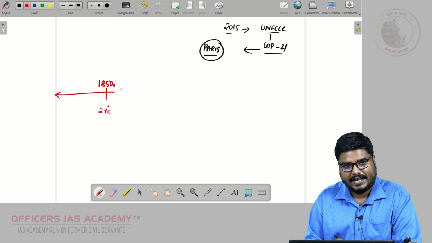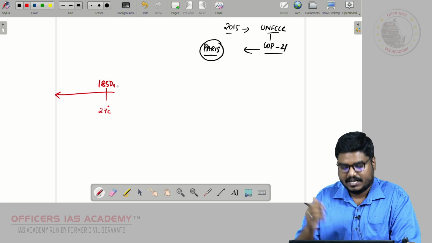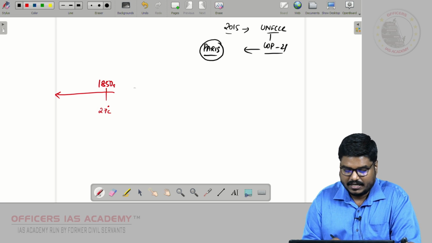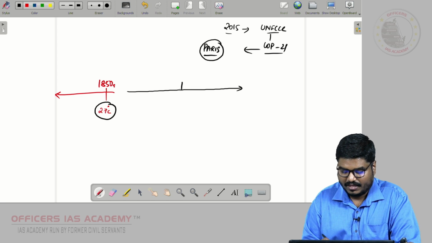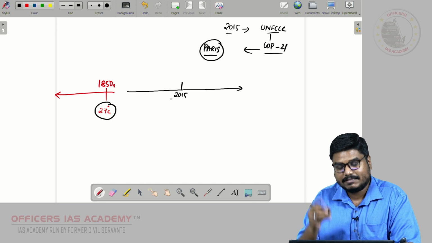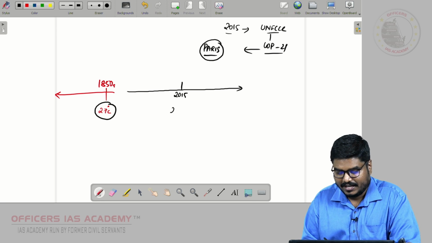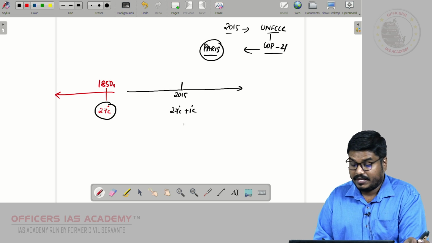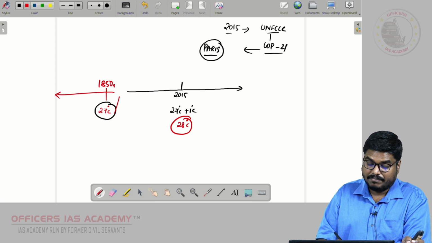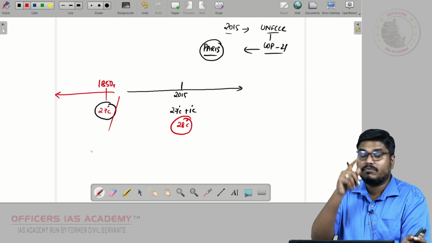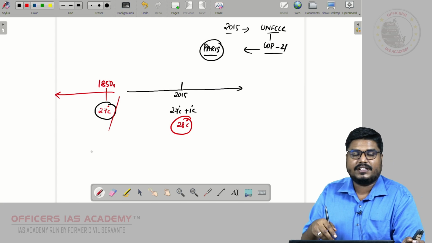Now from the 1850s, industrialization started, and carbon emission increased. By the year 2015, the global temperature had increased by 1 degree Celsius. That is, it became 27 plus 1, 28 degrees Celsius. The global average temperature, compared to the pre-industrial temperature, increased by 1 degree Celsius in 2015.